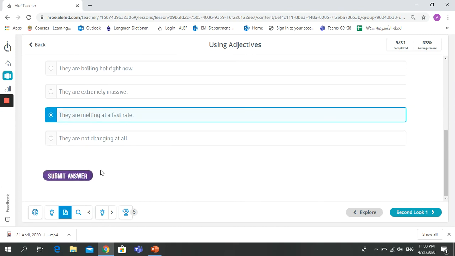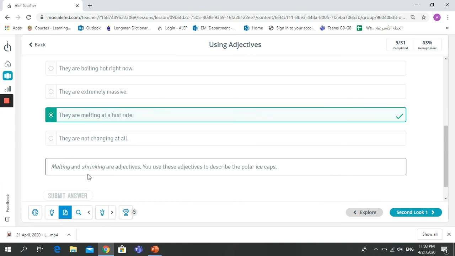Let's check our answer. Very good. So the idea here is understanding the point. You have to know why the scientists are worried. And one more thing here is, as you see, fast rate is an adjective. Fast is an adjective. Okay.